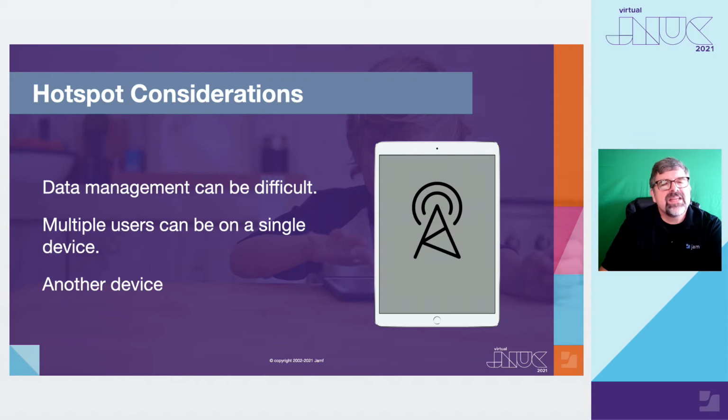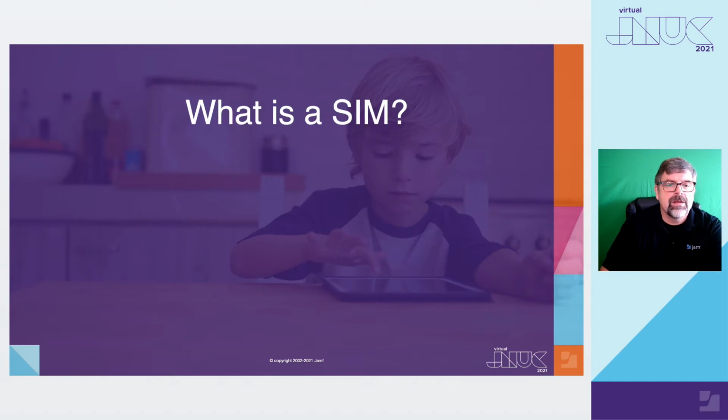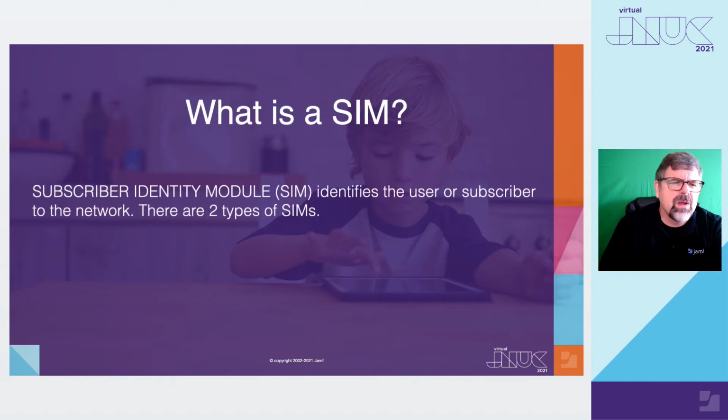So we begin to see the advent of cellular-based enabled iPads. And to understand how these work, we have to understand the term SIM. So what is a SIM? Well, simply put, a SIM is a subscriber identity module. It identifies the user or subscriber to a network, and there are two basic kinds of SIMs.